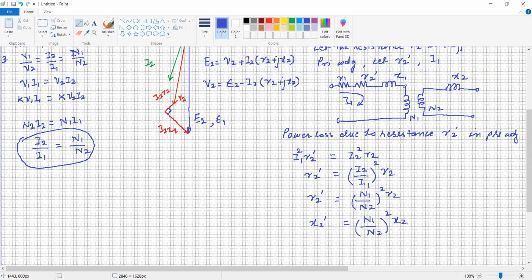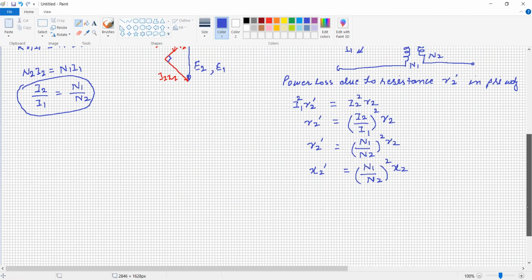Now, when both the resistance and reactance are referred to the primary side, the equivalent resistance and reactance become R1. R1 indicates the total equivalent resistance referred to the primary side.